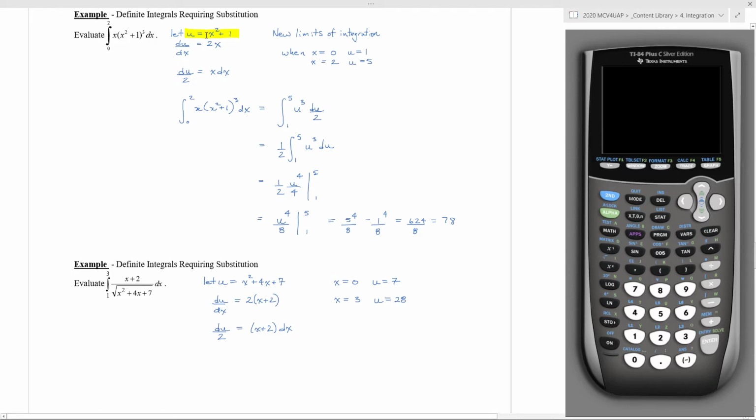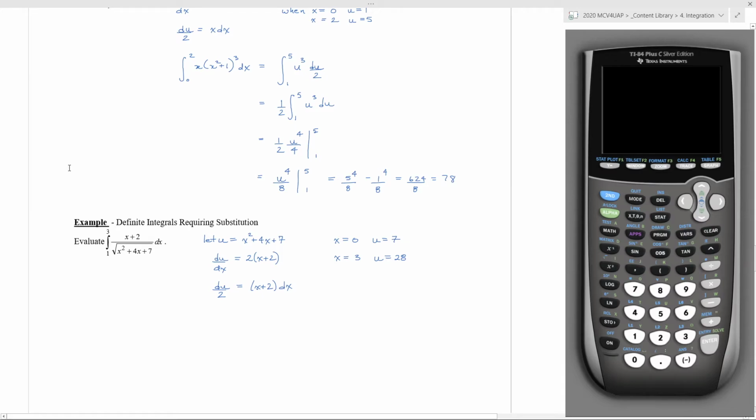The last example here I'll leave for you to do or to complete. I've already started it by letting u equal x squared plus 4x plus 7. The derivative is 2 times x plus 2, which means that I can substitute the x plus 2 times dx in the integrand with du over 2.